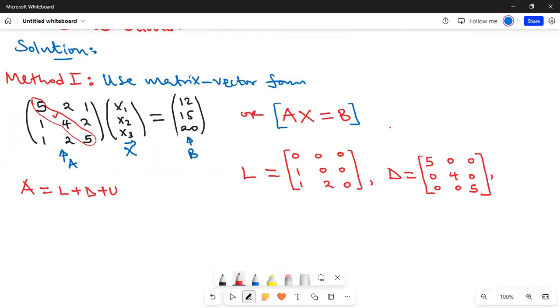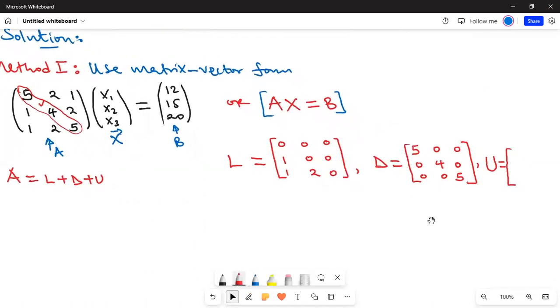And lastly, for the upper triangular matrix, you look at the elements lying above the leading diagonal. The rest are zeros, so we'll have 0, 2, 1, 0, 0, 2, 0, 0, 0. You see, when you add L, D, and U, you get back the coefficient matrix A. So that's how to decompose A.